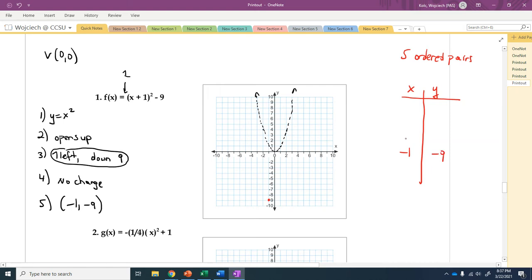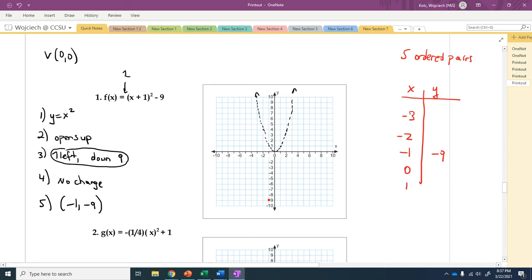And I want 2 points to the left of negative 1, which could be negative 2 and negative 3. Again, try not to pick huge numbers like negative 10, because once you square negative 10, you technically get 100, and we have no space to graph y equals 100. And also pick 2 points to the right, so you can pick 0 and 1.